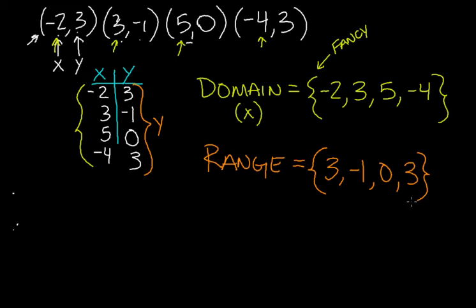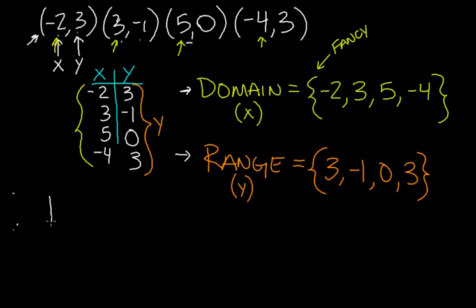Yay! So the domain for this set is negative 2, 3, 5, and negative 4. The range is 3, negative 1, 0, and 3. The reason to give you this is our definition of a function is using the domain and the range.